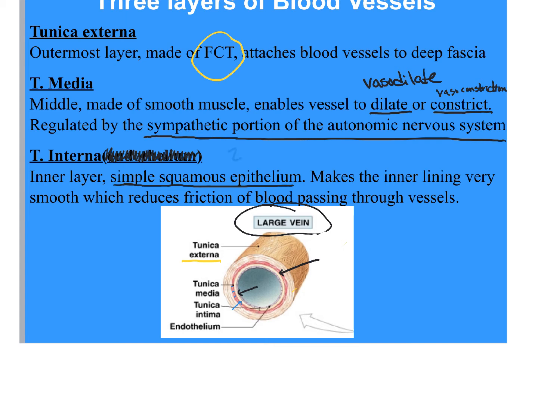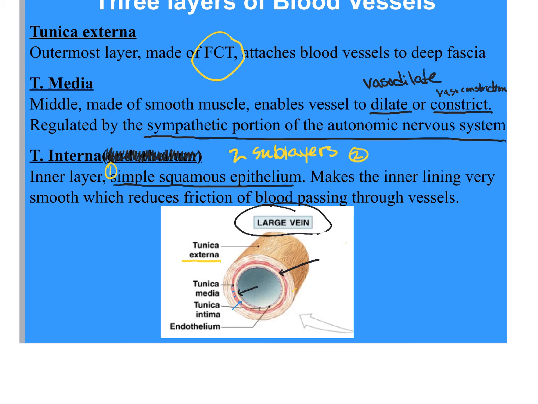So remember that. Let me change pens here. There are two sublayers. One is the simple squamous layer. It's simple squamous epithelium, but that's what we refer to as endothelium.